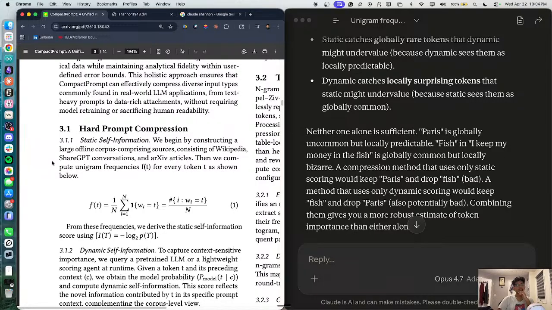I guess to finish off, I was thinking of creating documentation. I'll actually ask it to just create it for me really quickly.